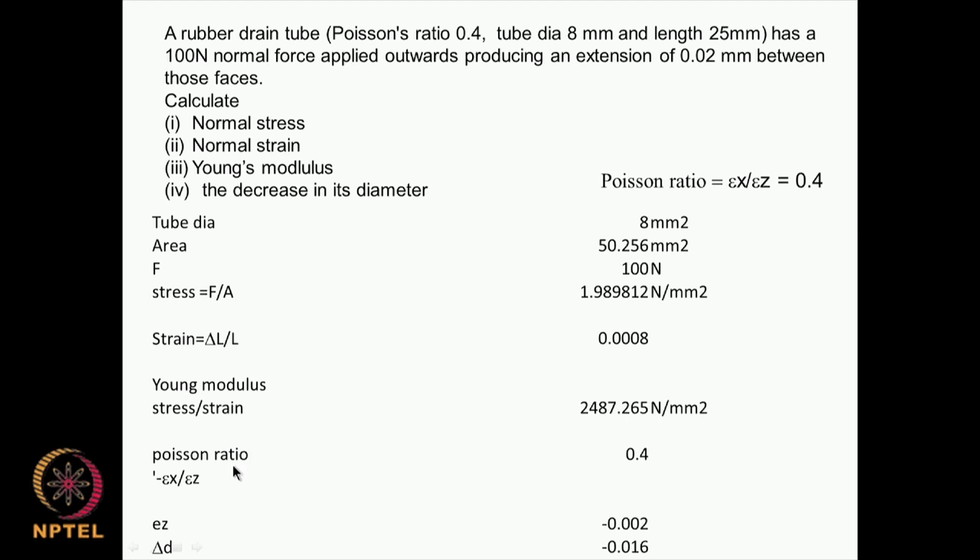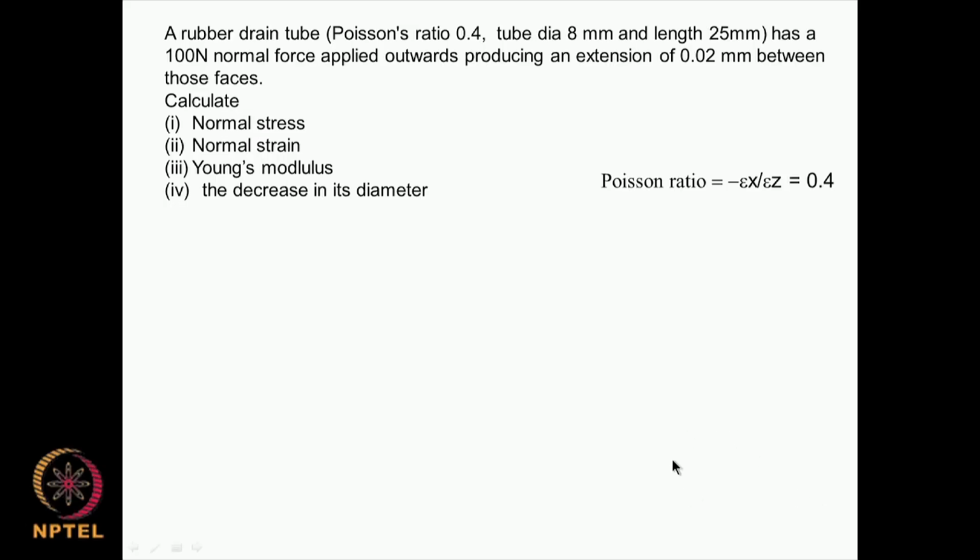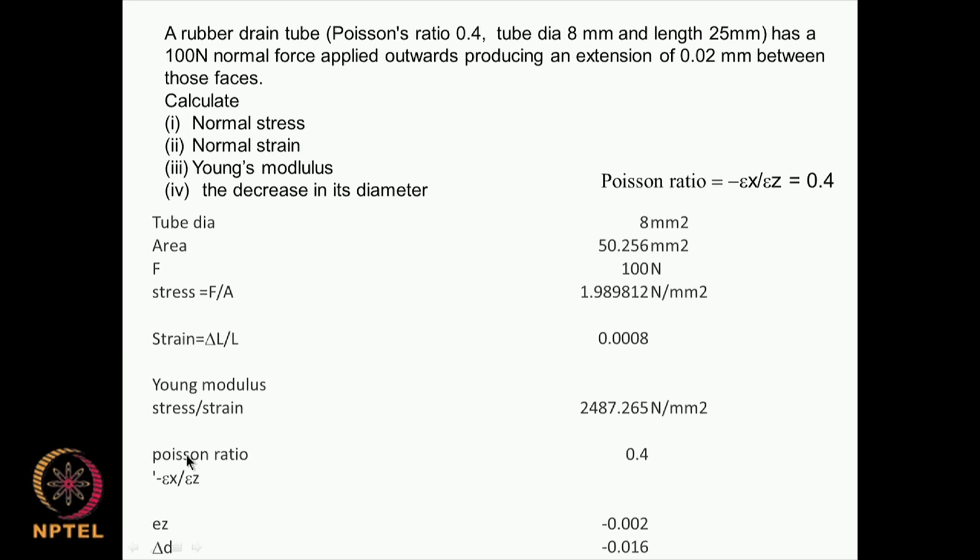Now, the Poisson's ratio is minus epsilon x divided by epsilon z. So, there has to be a minus term here, because when it gets extended in one direction, it gets shortened in another direction, and the ratio is given by 0.4. I know epsilon x, that is 0.0008.